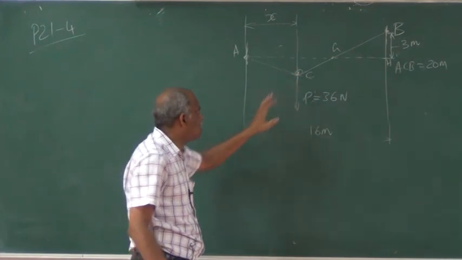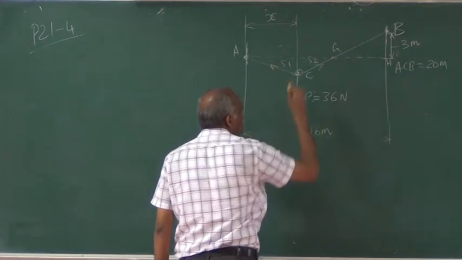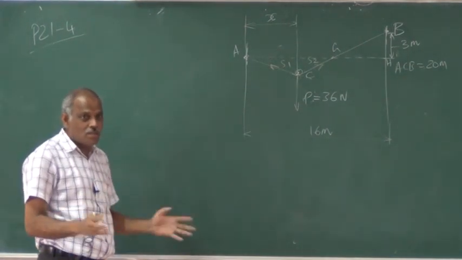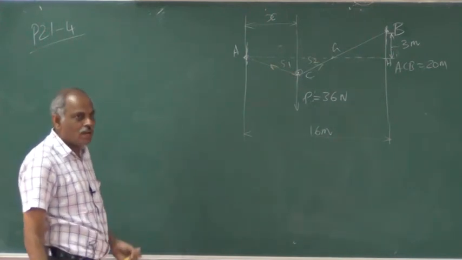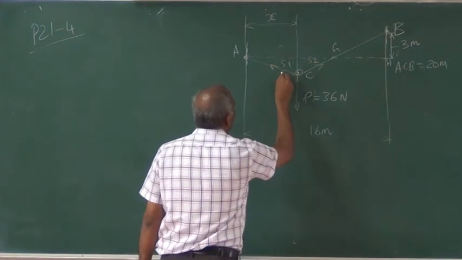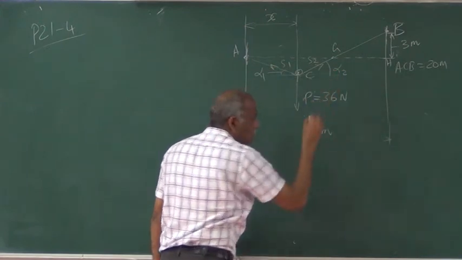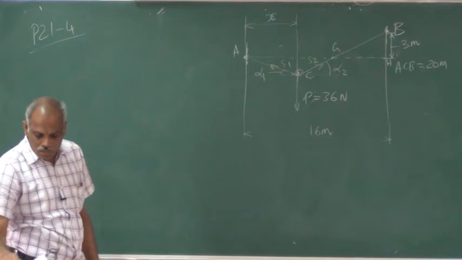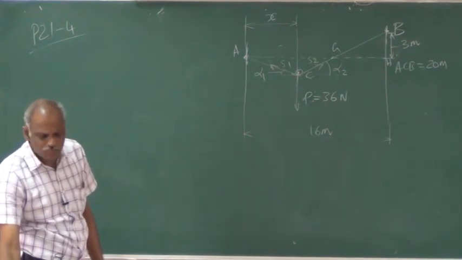Then the tensions S1 and S2 are the two tensions in this. So what will be the nature of the tension? That is the first point that we have to understand. Then what will be the angle alpha 1 that S1 makes, and alpha 2. That understanding is the beginning that is required to solve the problem.